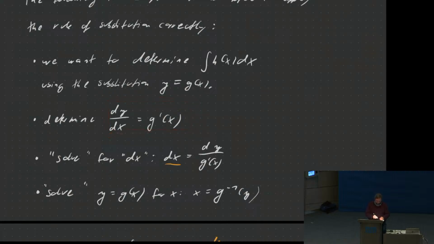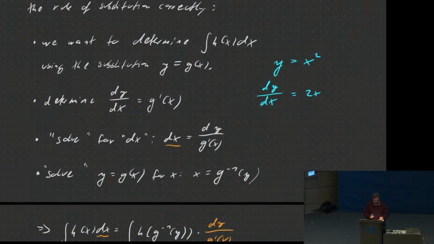So for example, if your substitution is y equals x squared, then you would compute dy by dx. So you differentiate y as a function of x, and x squared differentiated is just 2x. Right, so that's going to be the g prime of our expression that we need.